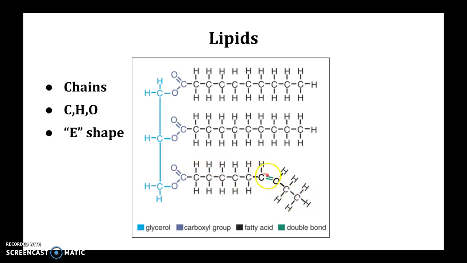Now this one is a little bit different and we'll talk about it in a second. But notice the elements are the same. There's hydrogen, carbon, and oxygen. And it has a characteristic E shape. There's your carbon chain, and this is your carboxyl group.